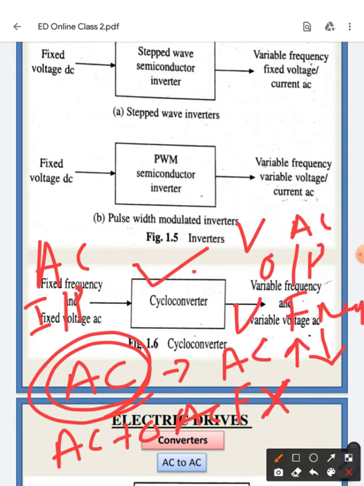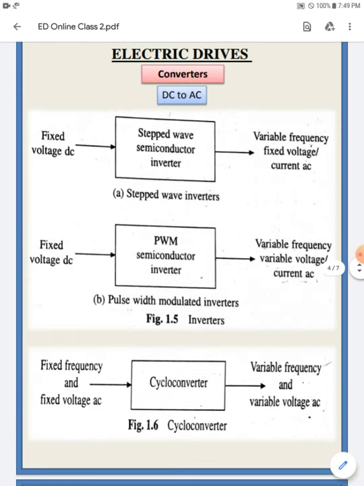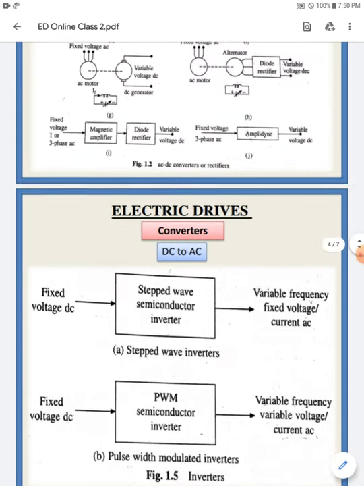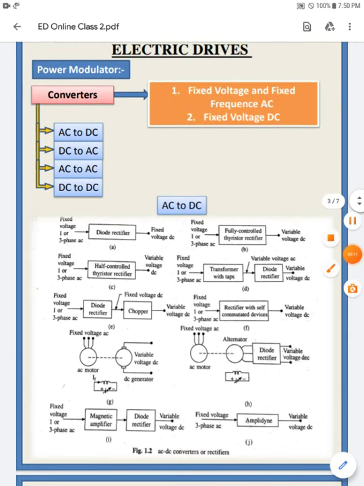This is the quality, or the capacity, of the device. Whenever variable voltage AC output and variable frequency are required, we need to go for the cycloconverter.